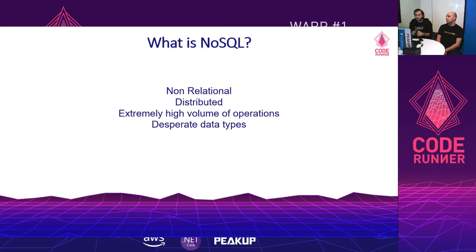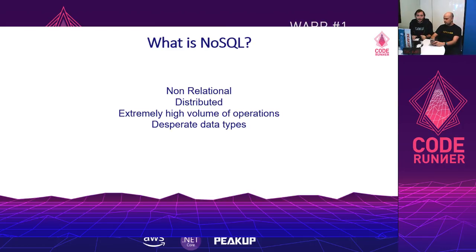That point of view came up and changed the whole world. MongoDB is one of the most popular NoSQL solutions. And AWS provides us one too. It's called DynamoDB.